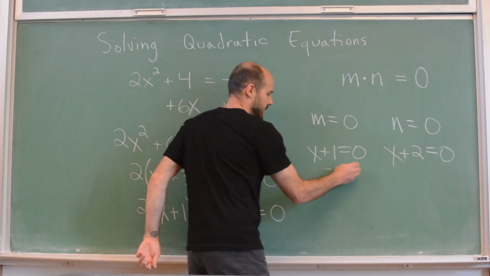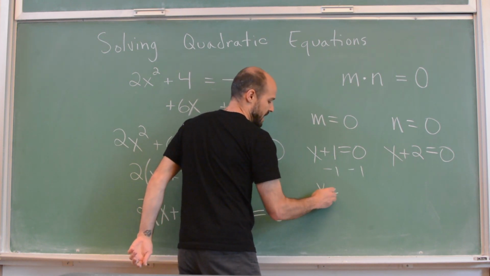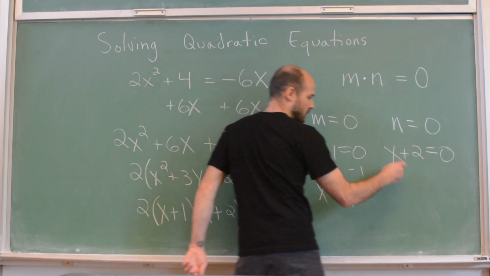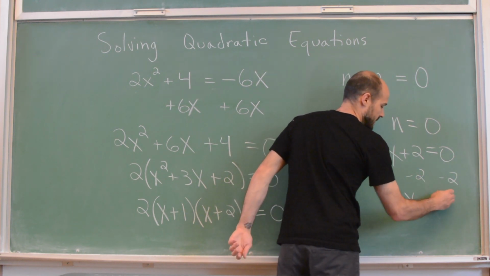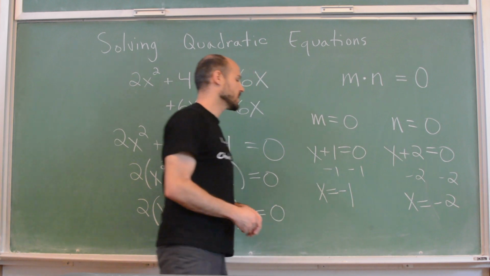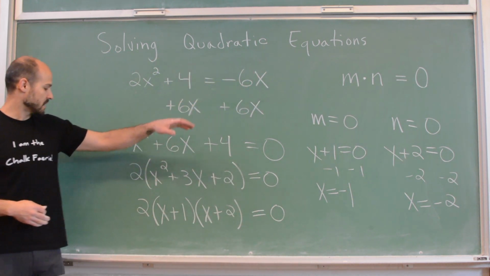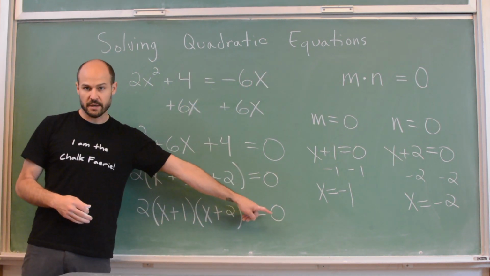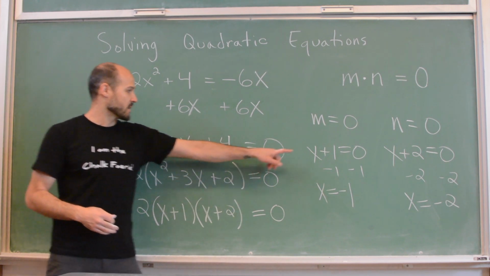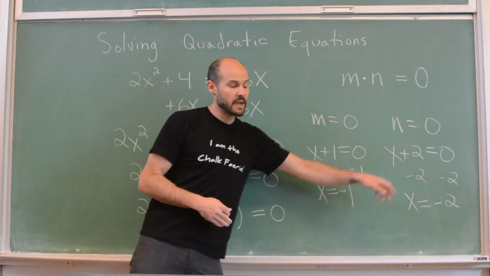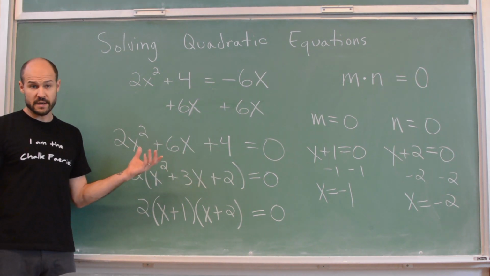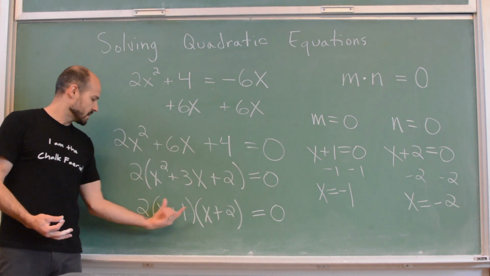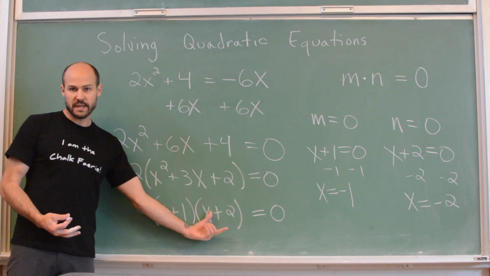Subtract 1 from both sides: x is either equal to -1. Subtract 2 from both sides: or x is -2. Again, we're utilizing the fact that two things multiplying up to 0 means that either one of them is 0. And a quadratic trinomial, or difference of squares, is easily factorable into two sets of parentheses.